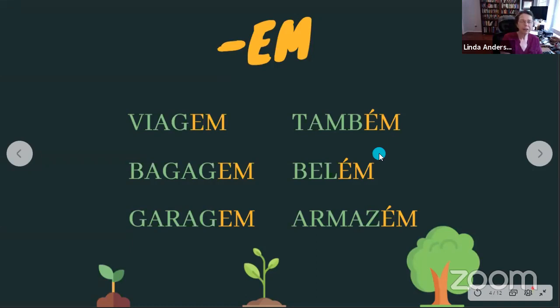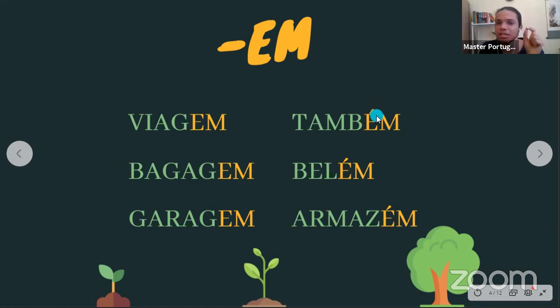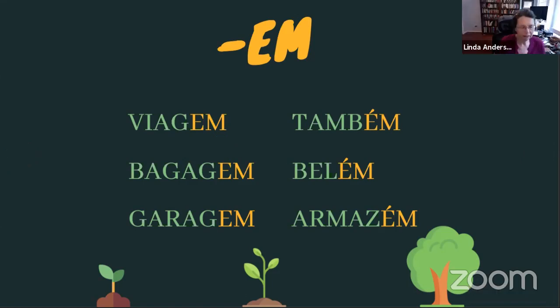So you see that all these words that have this accent stress the syllable the sign is upon. So também, Belém, armazém. The strongest is zém, lém, and bém. However, these three stress the syllable that is not the one with em, it's the previous one. That's why it doesn't have the accent. Okay? Entendi. Ótimo.